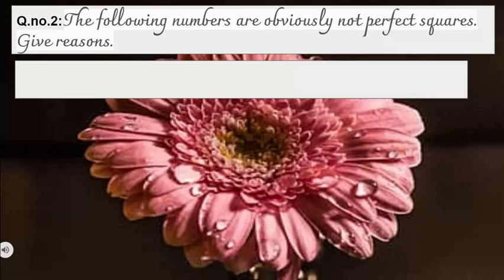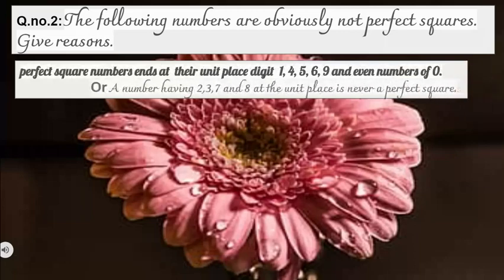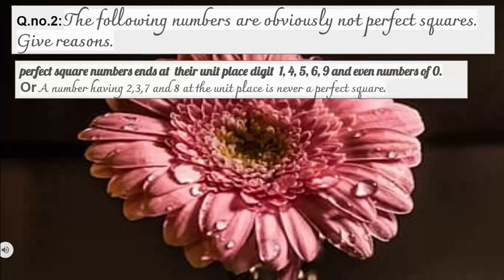What was that? Perfect square numbers end at the unit place digit 1, 4, 5, 6, 9 and even number of zeros. Or a number having 2, 3, 7 and 8 at the unit place is never a perfect square.